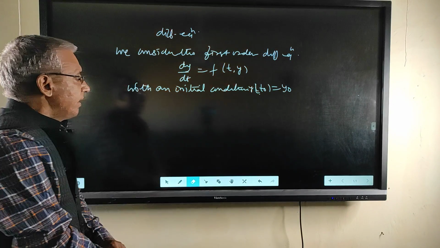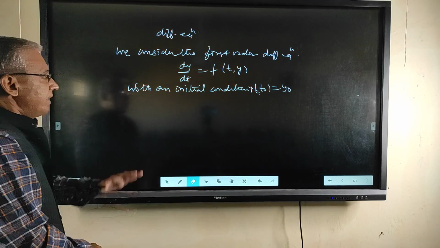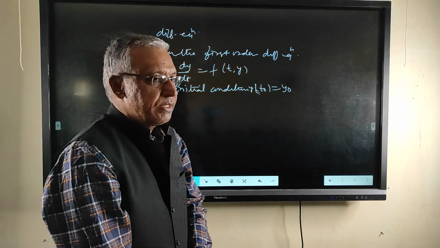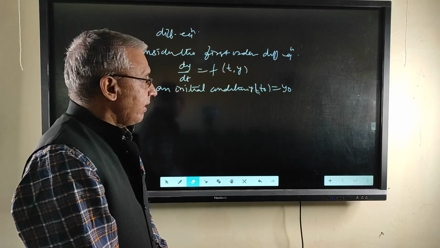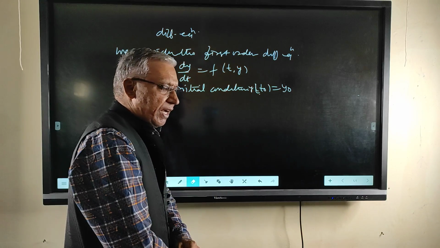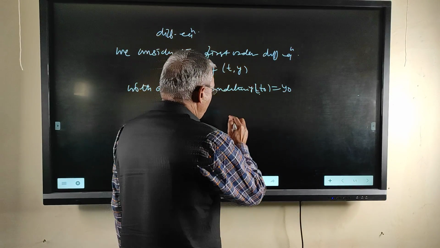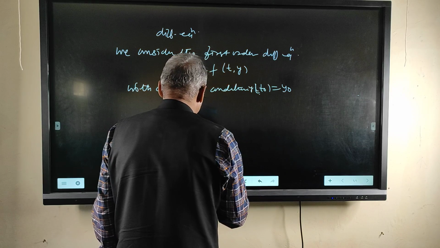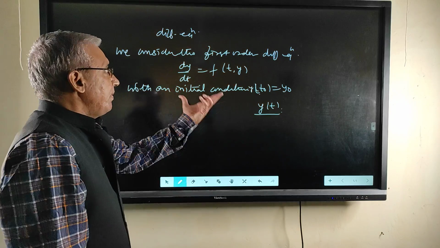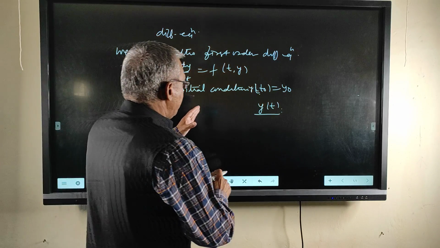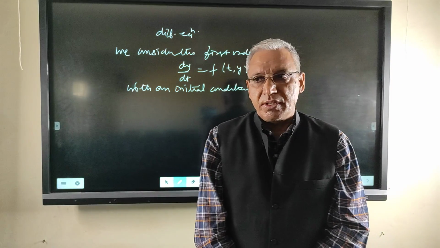With the initial condition, the exact solution of this differential equation is a relation between the dependent variable and the independent variable. Here y is the dependent variable and t is the independent variable. So its solution is a relation between y and t. This type of differential equation with this initial condition is known as an initial value problem of the first order.